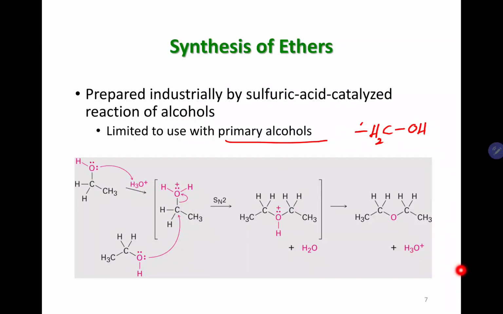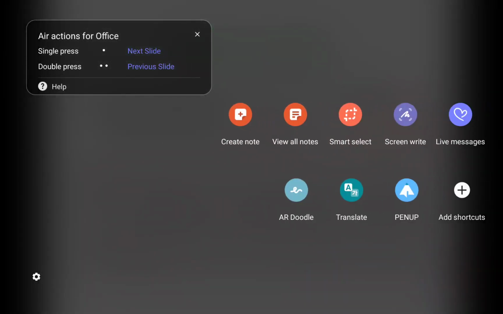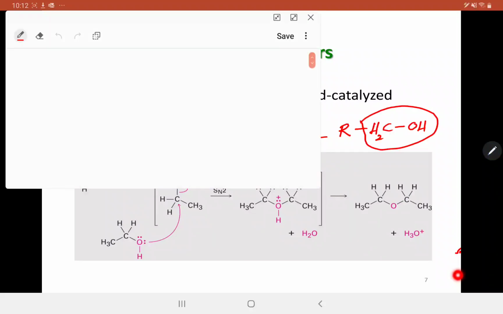So you are only limited to primary alcohols, and also the ethers that you get are symmetric. That is also another limitation.